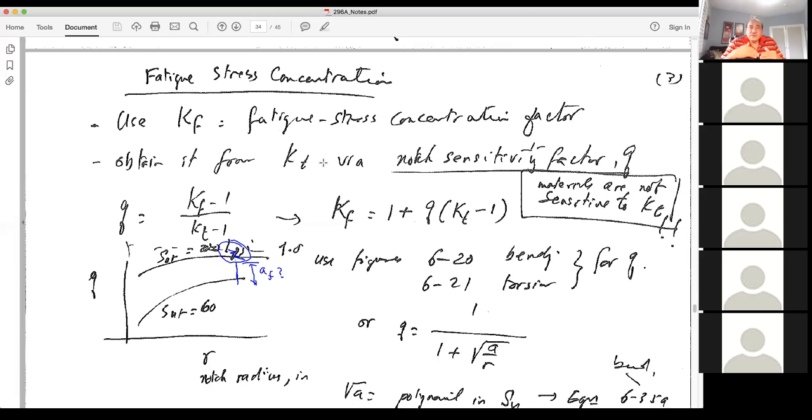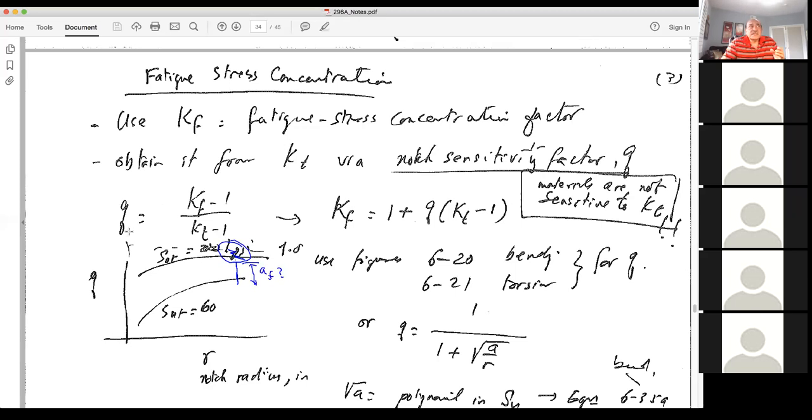But for fatigue, what happens is that locally, the stress is so high that you get plastic deformation, and plastic deformation kind of relaxes the stresses. So the effective stress intensity factor goes down, and that is expressed in what is known as the fatigue notch sensitivity factor.